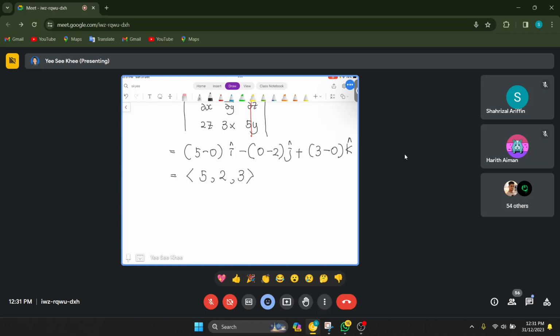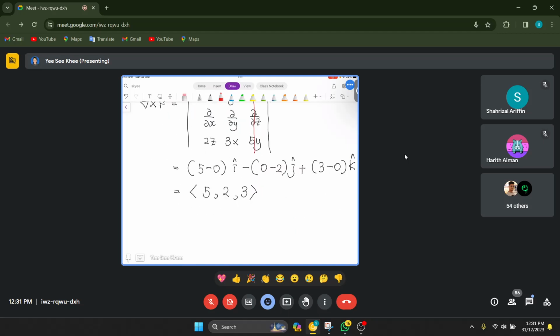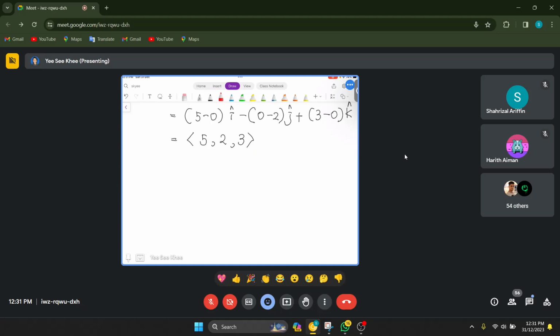So next one. The question mentioned it is outward. So what is the equation for outward?